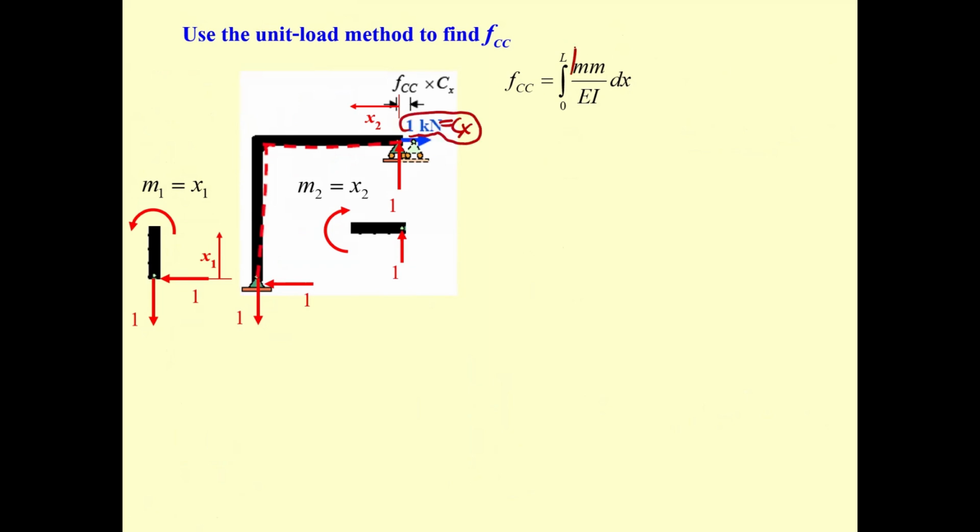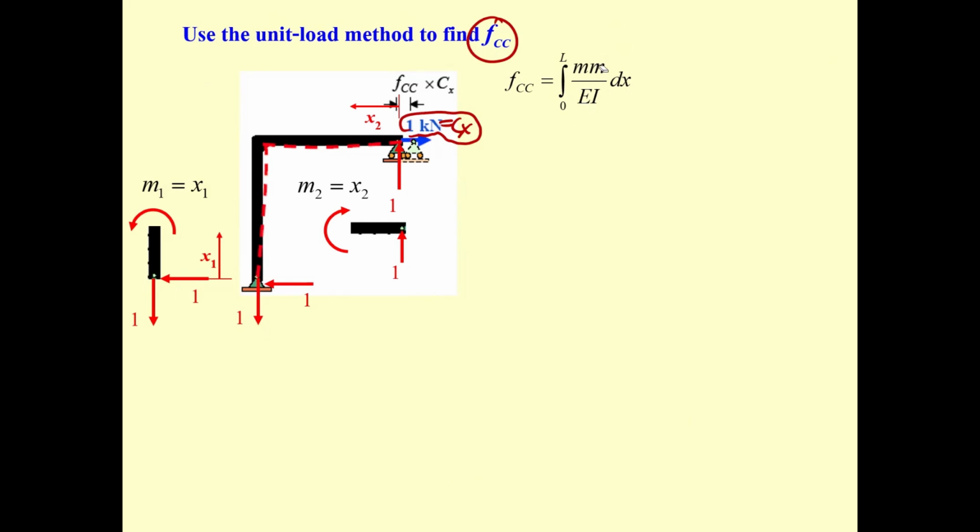Then the term capital N due to the applied loading to determine f sub cc is going to change into small f. And I should note that if you observe it, you will see that for determining the deflection due to the unit load, the capital M always changes to the small m.